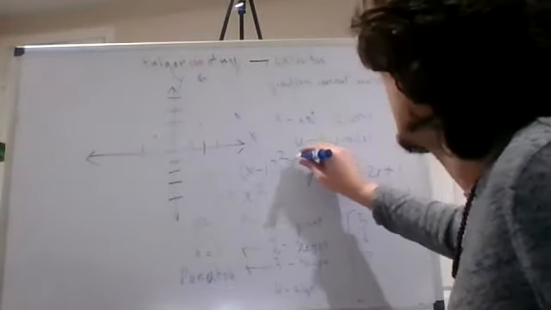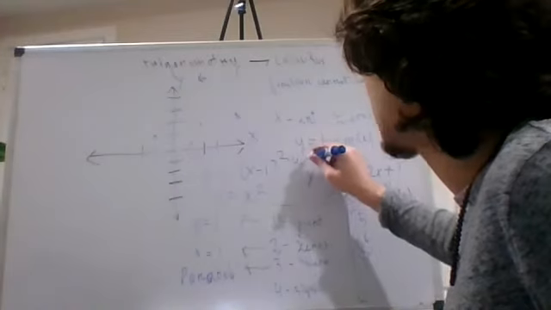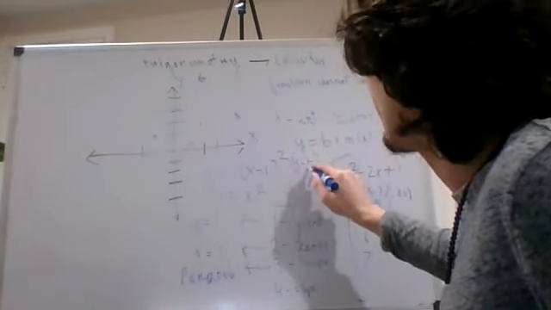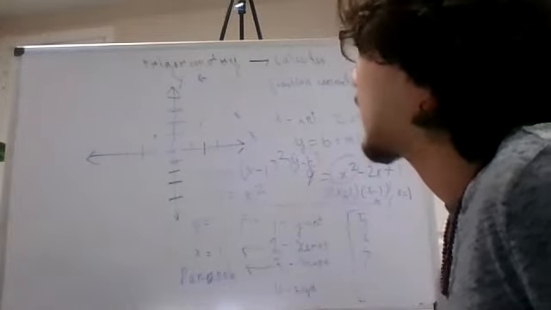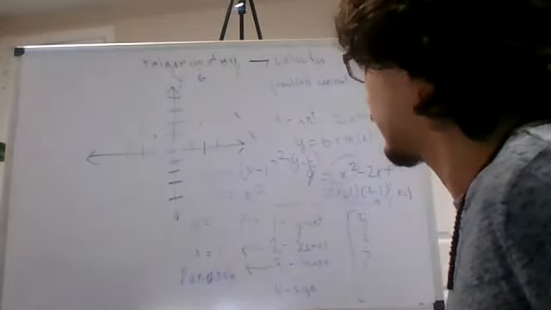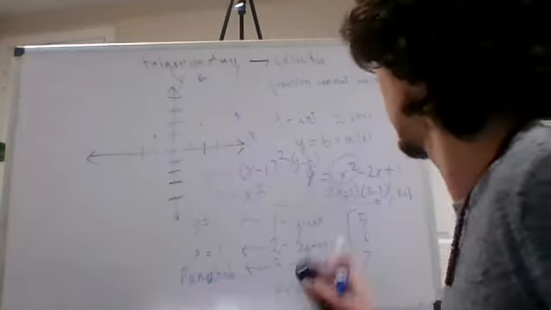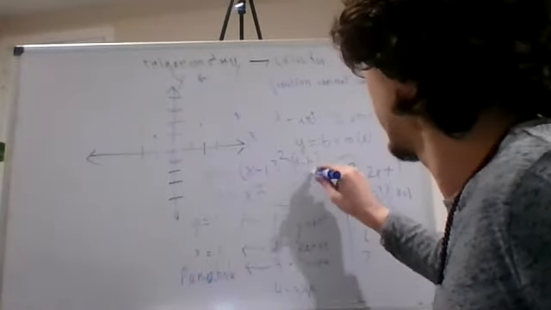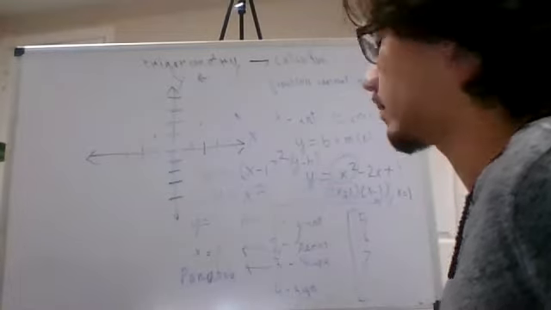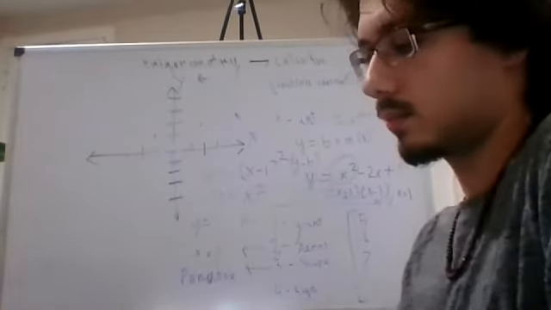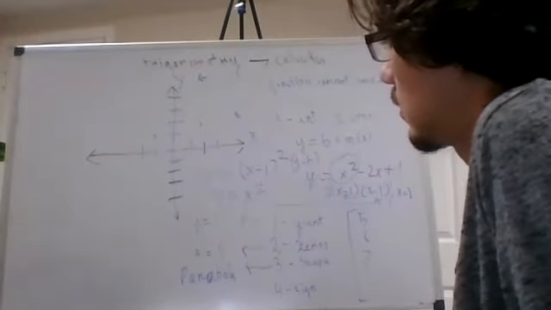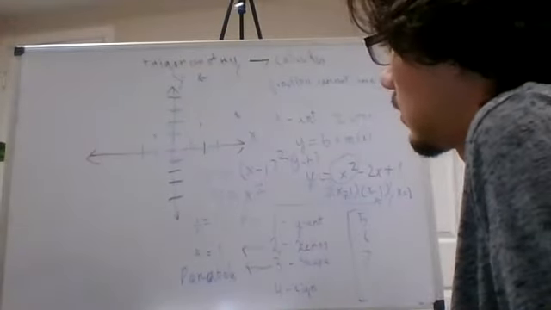When we have y minus b, that means you move it up by the b, and that's the y-axis. Ms. Tihani? Yes, sir. I'm not quite sure.